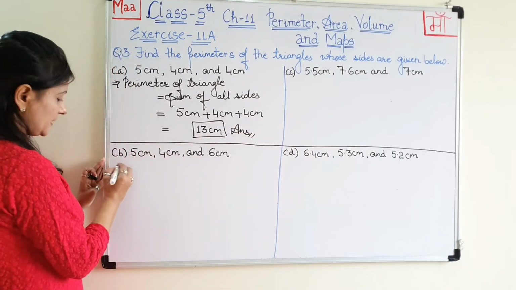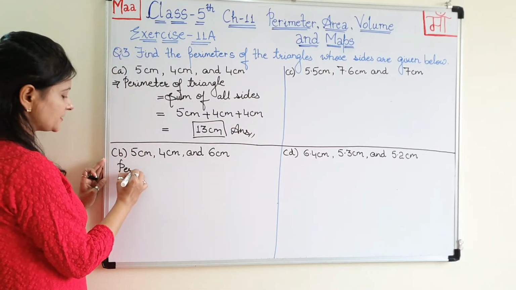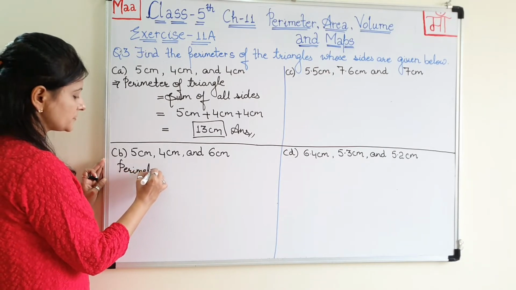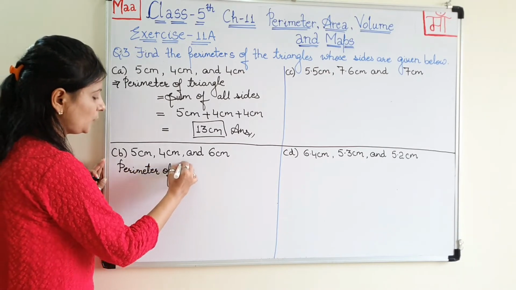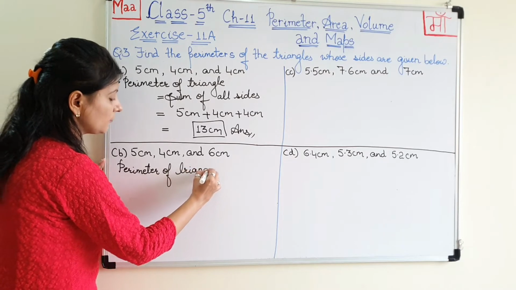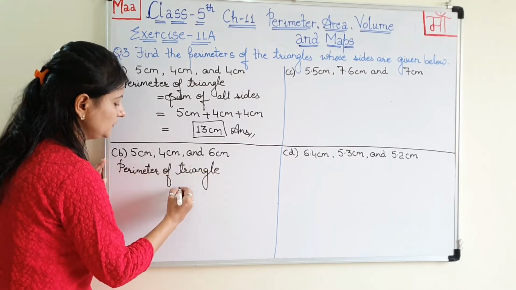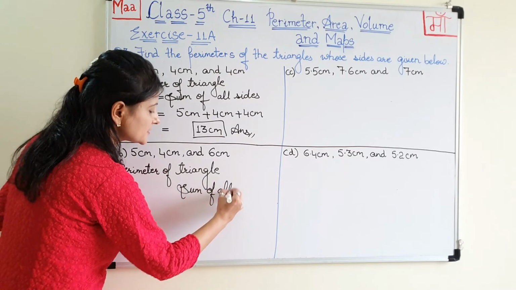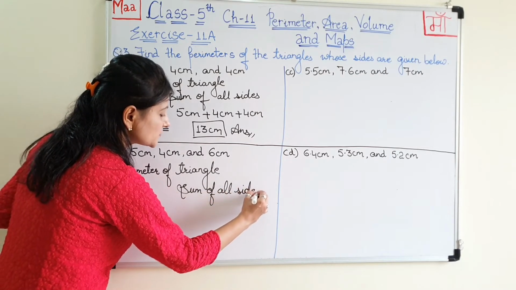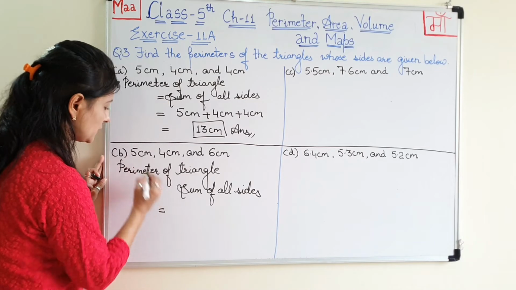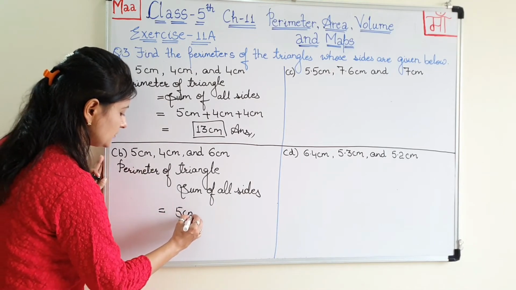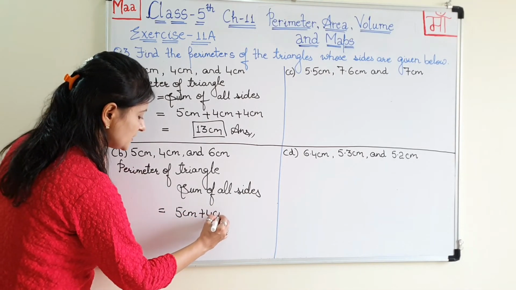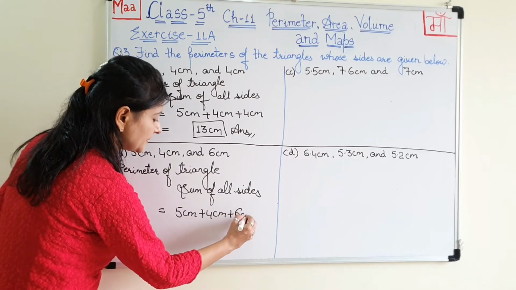Then part B. It is again perimeter of triangle. So again you will be putting the formula. It is sum of all sides, and here the sides which are given in the question are 5 centimeter plus 4 centimeter plus 6 centimeter.